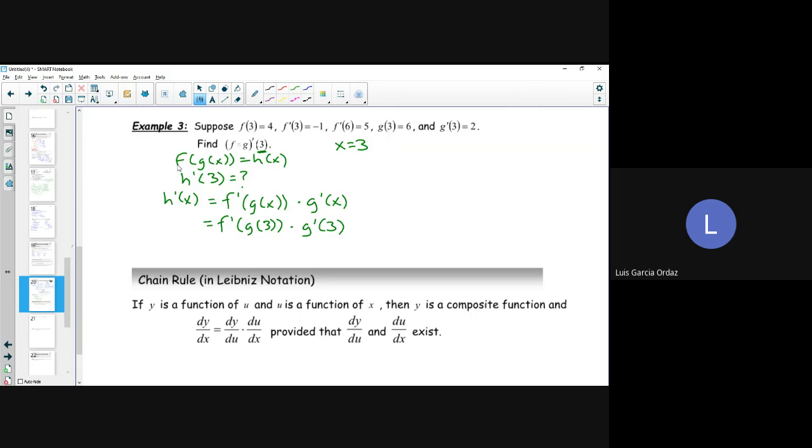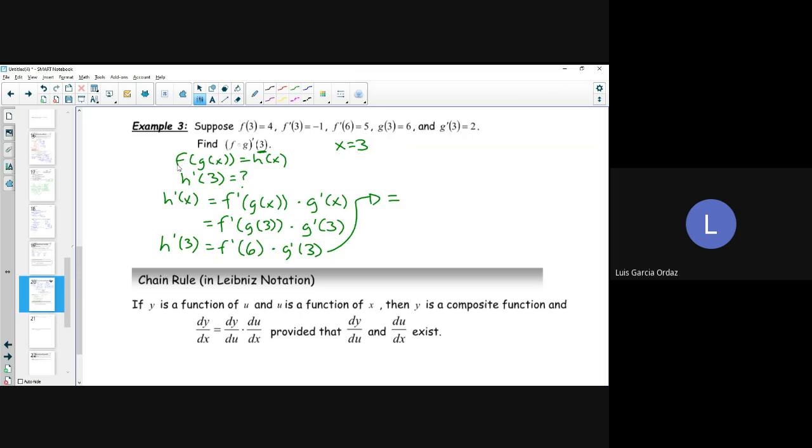Now it becomes a matter of looking at the values that we have. So you have f prime. Can someone tell me what g at 3 gives us? 6. So now we're going to get f prime at 6 multiplied by the derivative of g at 3.